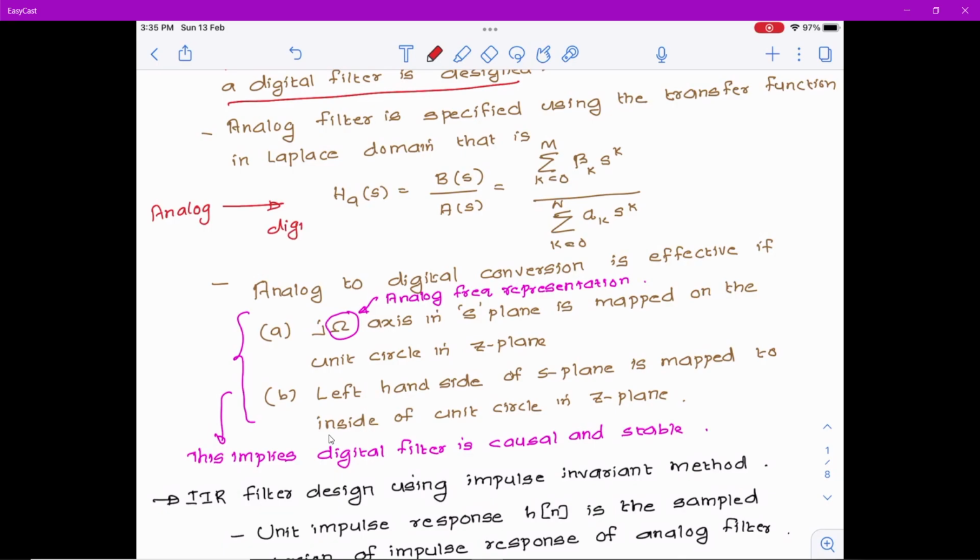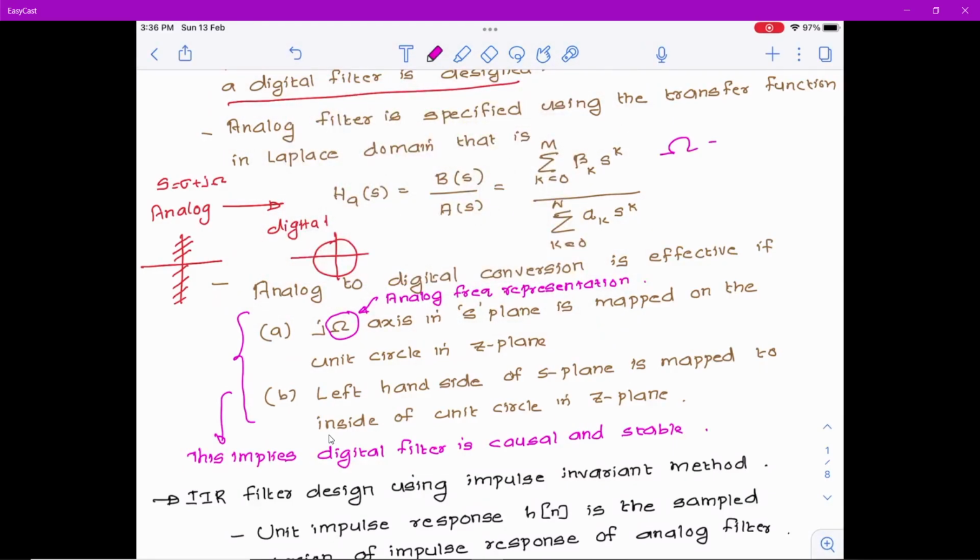In the analog domain you have the S plane. In the digital domain you have the Z plane. So whatever is there on the j omega axis in the analog domain, S is equal to sigma plus j omega. Again, be careful here.